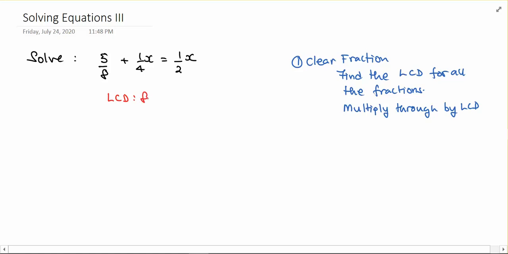So what I'm going to do is multiply every single term by 8. So 8 times 5/8 plus 8 times 1/4 x is equal to 8 times 1/2 x. So this is 8 over 1, 8 over 1, 8 over 1 right there.